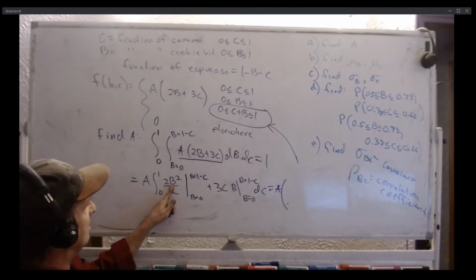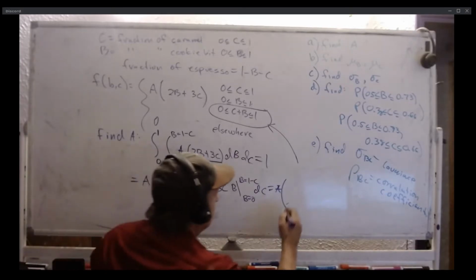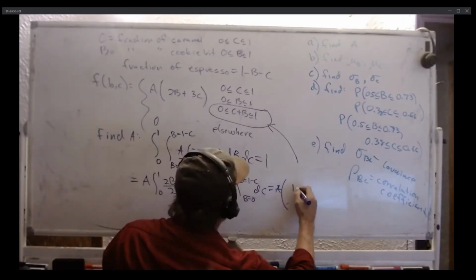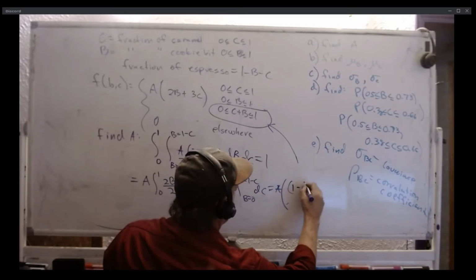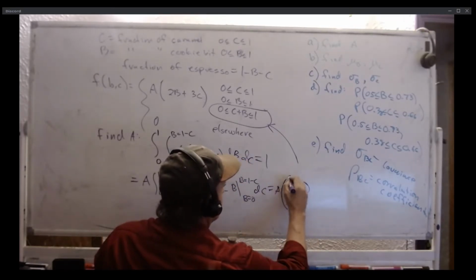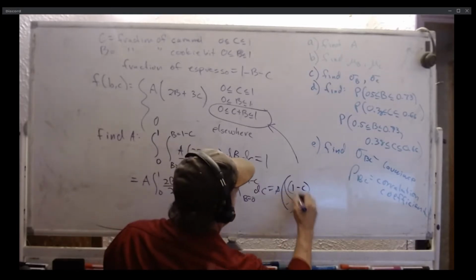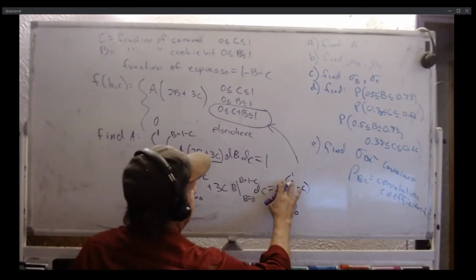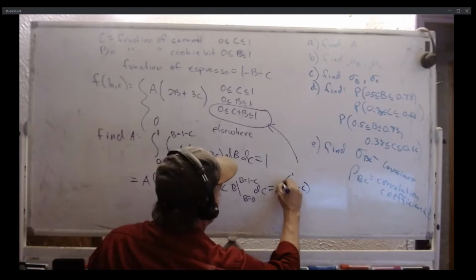Put the limit 1 minus c in for b, and I get 1 minus c quantity squared. Oh, I forgot we still have our outer integral of c going from 0 to 1.